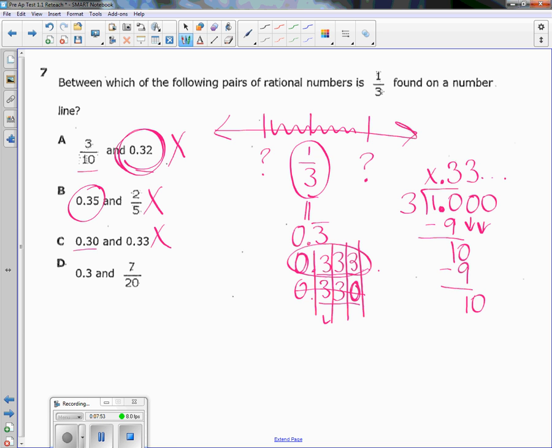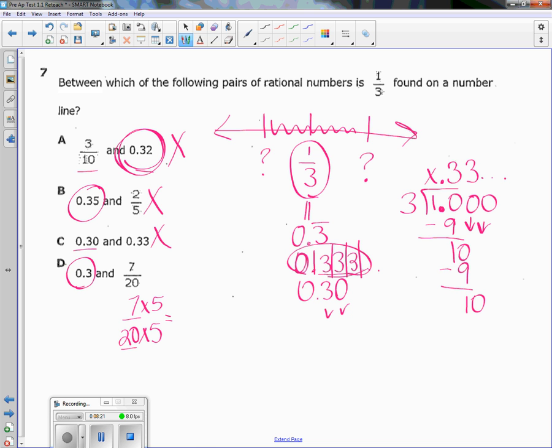We can assume that answer choice D is going to be the correct answer, but let's just double check. This lower extremity works. 0 and 3/10. We know that this works because whenever we compare and use our place value, in the tenths place it works. If I add a 0, 0 is obviously less than 3, so it works there as well. Our 7/20ths, I need to convert to a decimal. I can convert using place value.